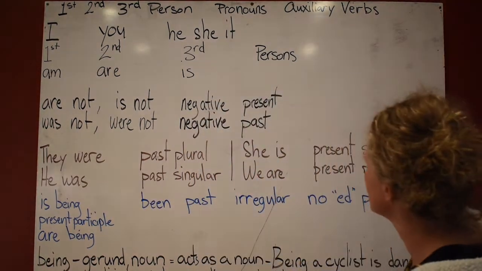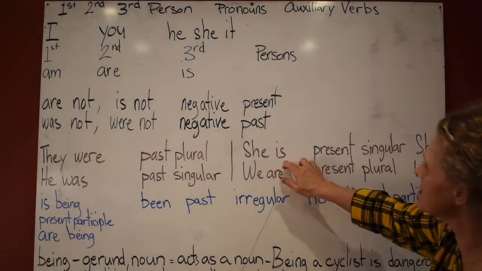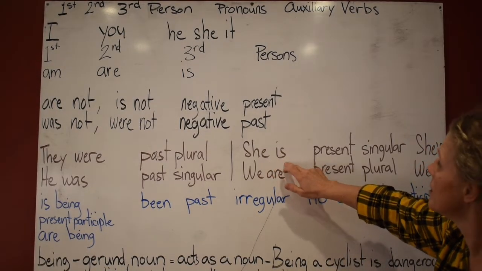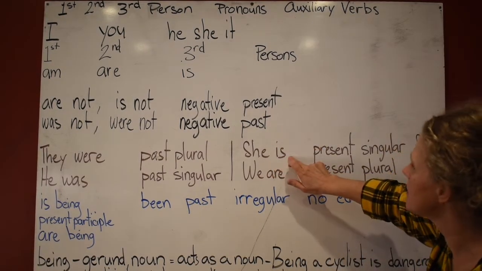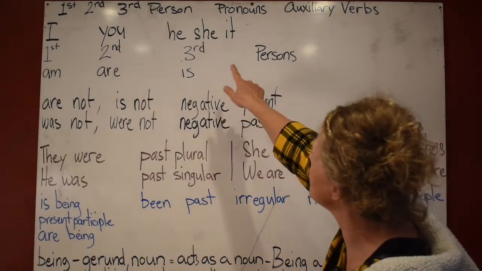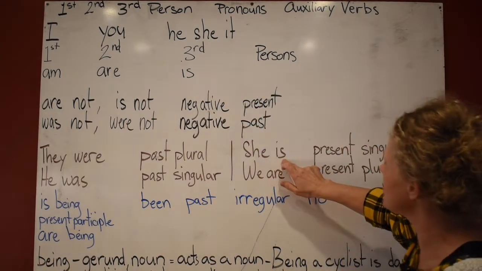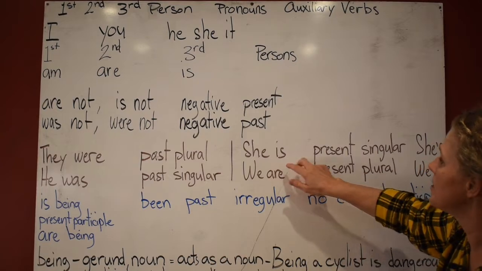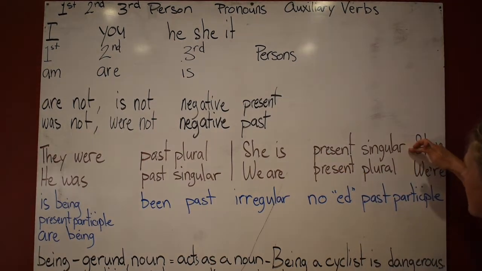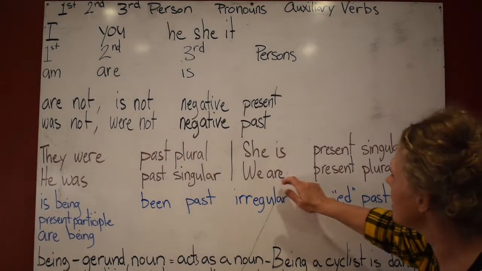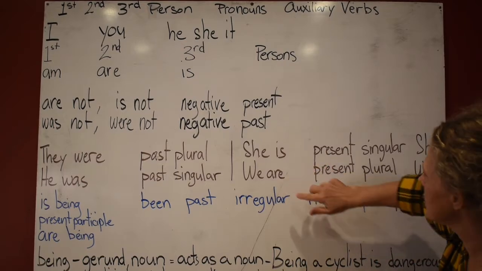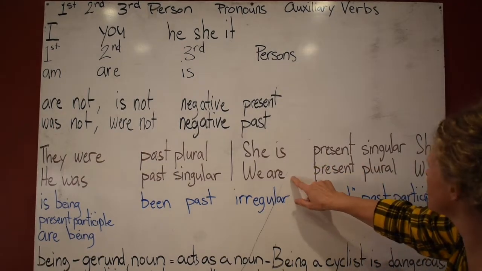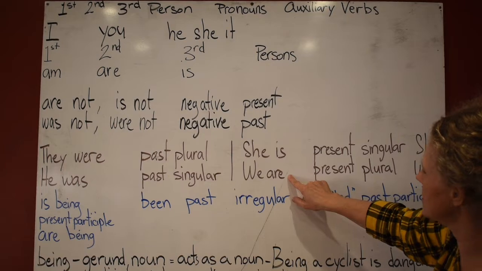All right? We have she is, singular and singular. This is an auxiliary verb, you have to have it. You have to have singular with singular. This is sitting in the present. Present singular. We are. See how now this is in the present, so we have to use the word are because it's sitting in the present.